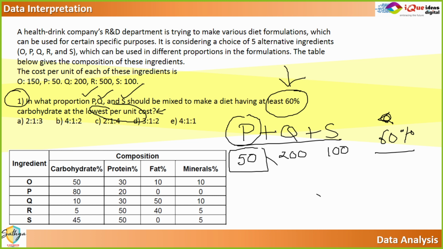Now let's take care of the carbohydrates also. P has 80% carbohydrates, Q has 10% carbohydrates, and S has 45% carbohydrates. So even by including more of P, my 60% requirement of carbohydrate is also fulfilled.